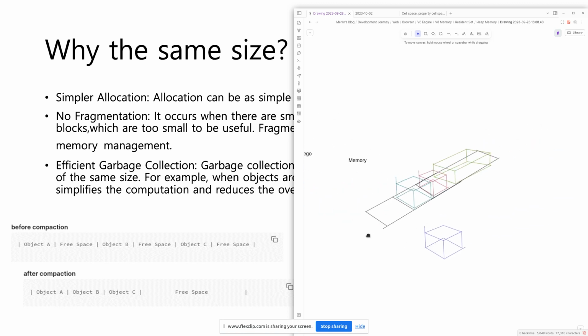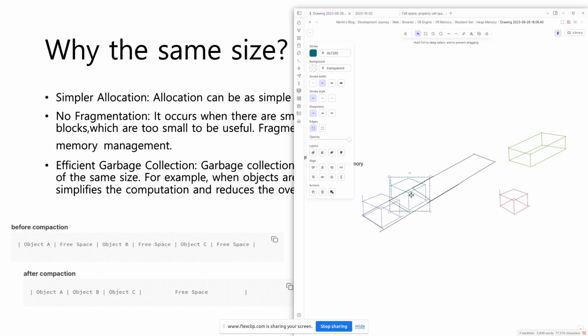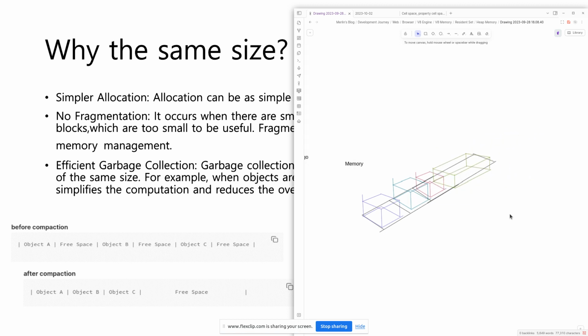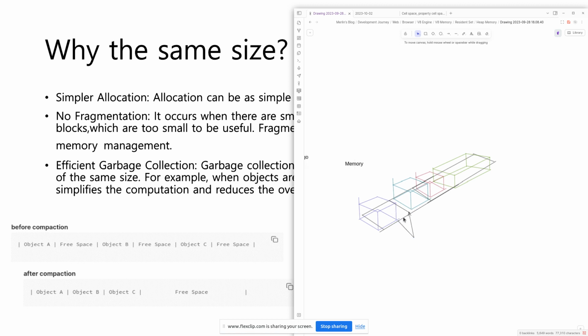Memory has a size for each piece of data, and if the next data cannot be stored in this part, it needs to be stored in the next one. So it's kind of like this. If you look at it, there's a gap, right? This part is the gap because we cannot store anything in it, and that's called fragmentation.